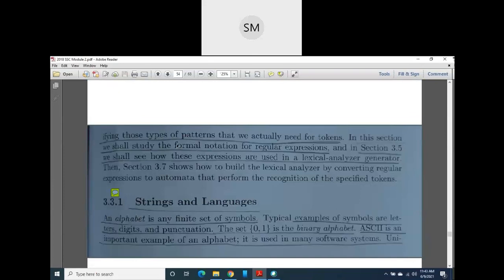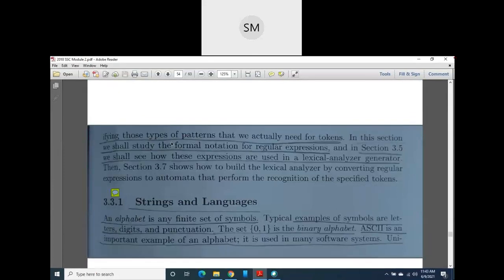Regular expressions are not so powerful that they can specify all patterns. They can only specify the patterns for the tokens present in our programming languages, and that is enough for us.